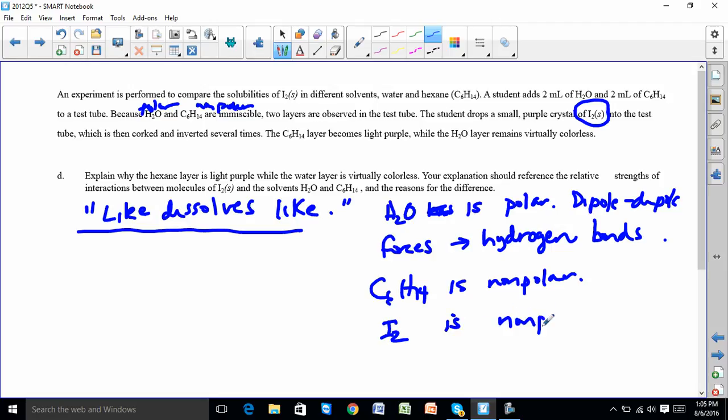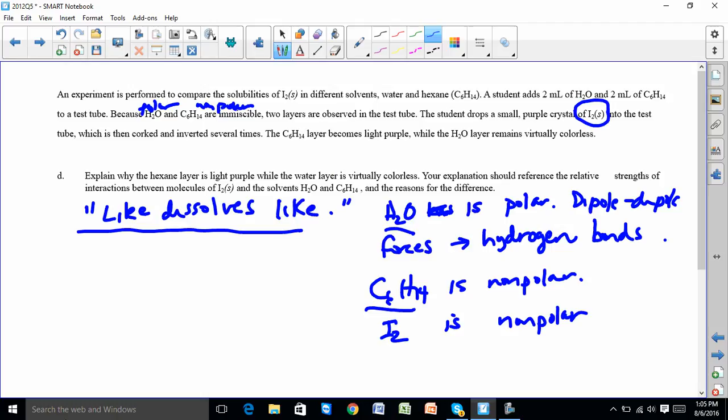And so the question is, when you put these together, you get two layers, they're clear, and then the iodine dissolves in this one, but not this one. Dissolves in the hexane, but not the water. And then we're supposed to say why. What is going on here? Why is the difference that it's soluble in one and not the other?